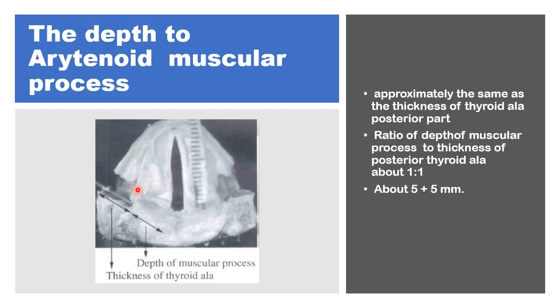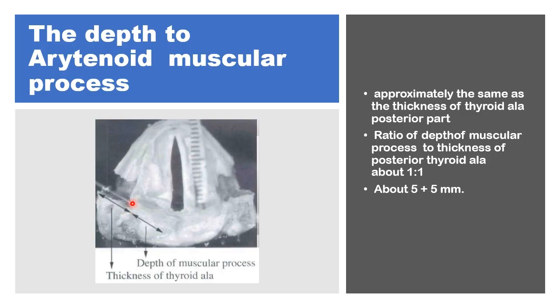How deep is the muscular process from the surface of the thyroid ala? About 10 millimeters. Usually the thickness of the thyroid ala cartilage at this point posteriorly is about 5 millimeters, and a further 5 millimeters of dissection in the paraglottic space would identify the muscular process of the arytenoid.